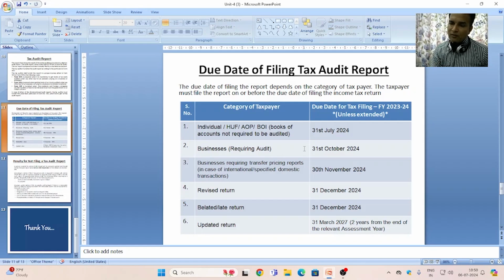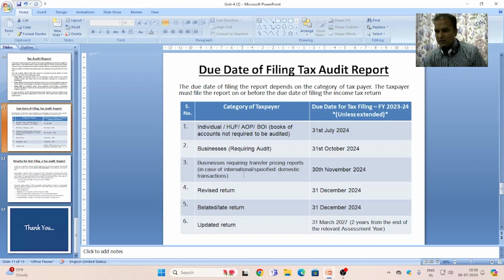Sometimes the due dates are extended by the income tax authority, but until an extension is provided publicly by the income tax department, the SSE is required to submit his audit report on or before the due date.